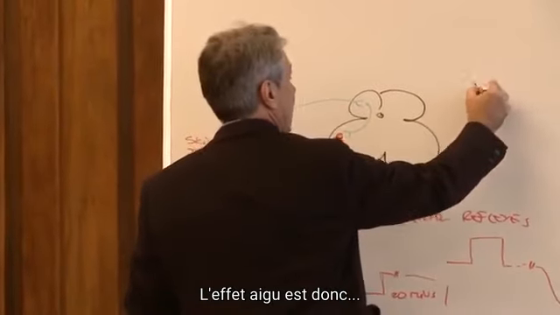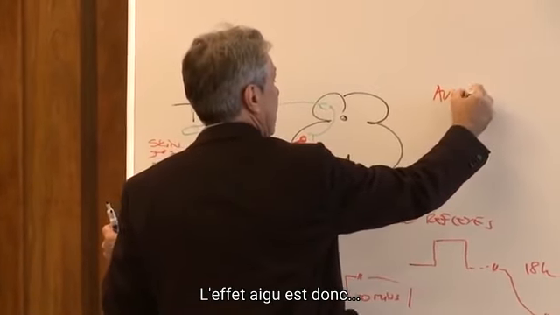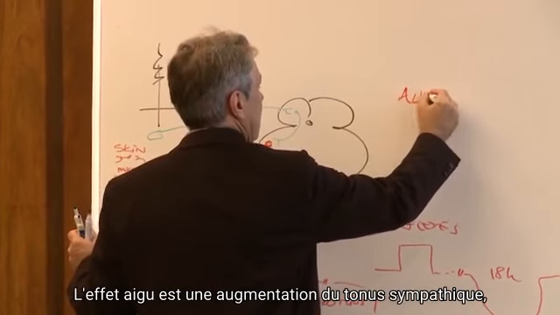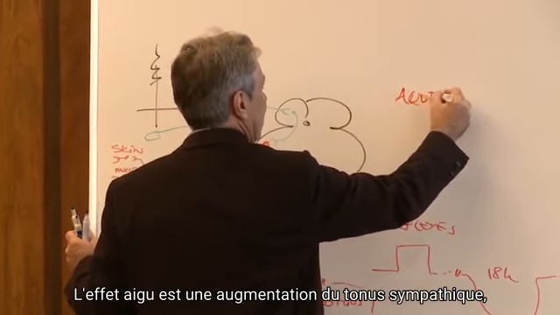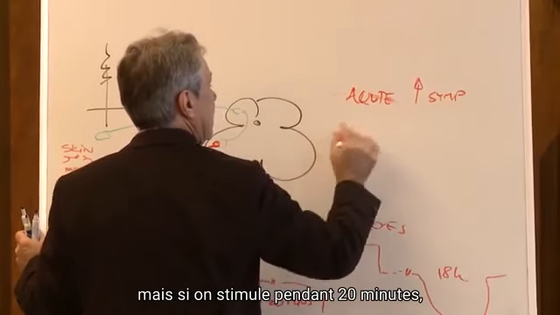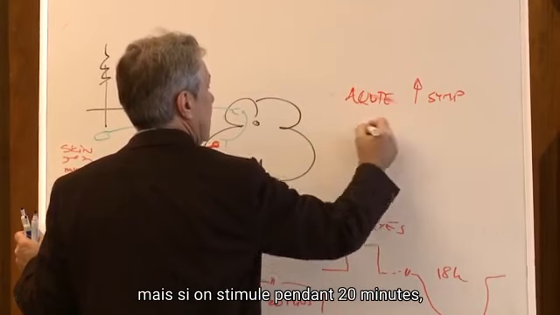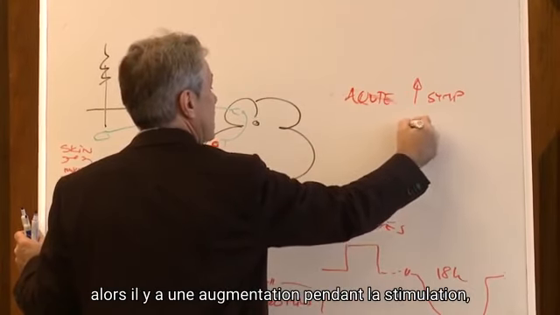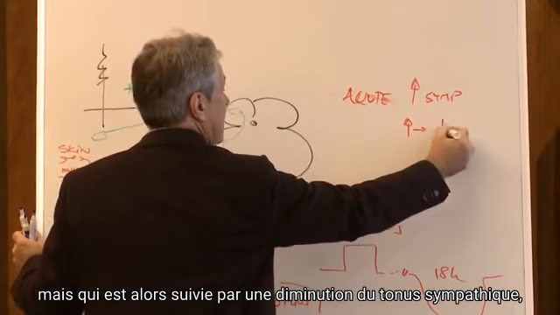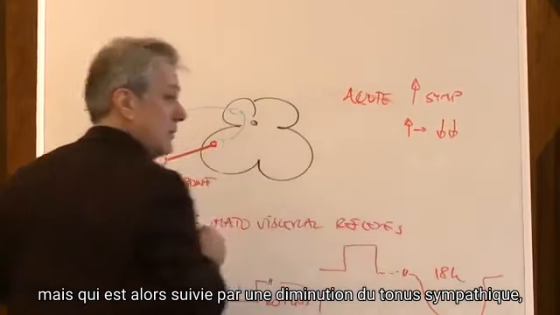The acute effect, in other words, during the stimulation, is an increased sympathetic tone. But if we've been stimulating for 20 minutes, we are getting an increase during stimulation, which is then followed by a long-term decrease in the sympathetic tone.